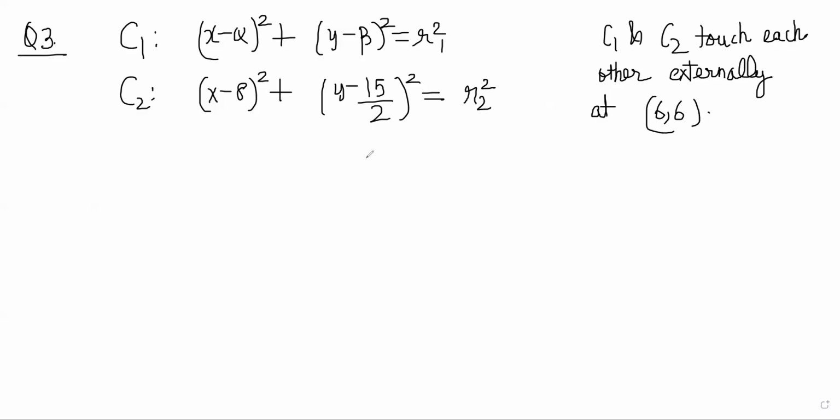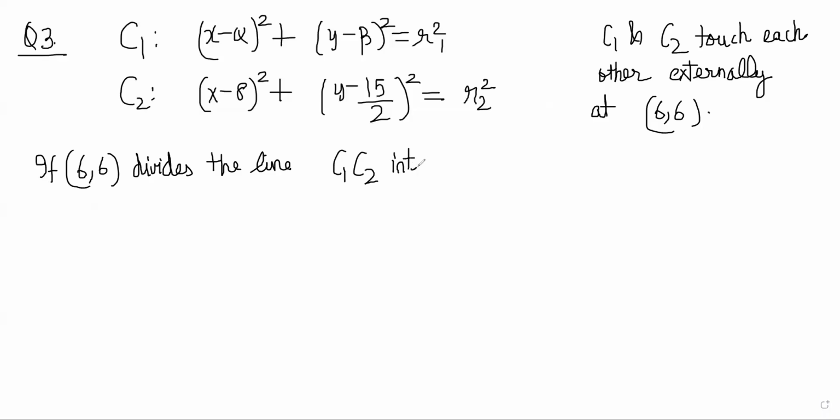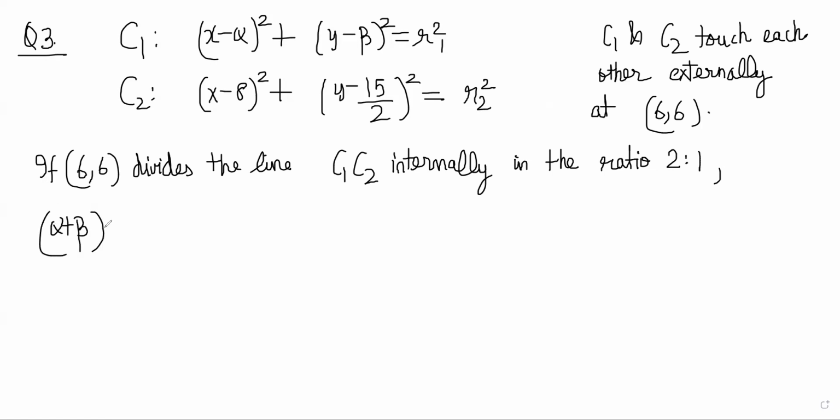Now, the question is, if 6, 6 divides the line C1, C2 internally in the ratio 2:1, you have to find out alpha plus beta plus 4 times r1 square plus r2 square is equal to what? Again, a very easy question.